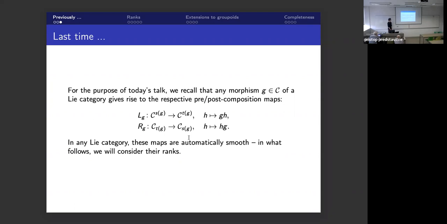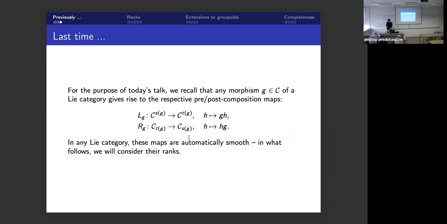And so what precomposition spits out is the product GH, and the target of this is precisely the target of G, right? So this is a piece of notation that we are going to be using.